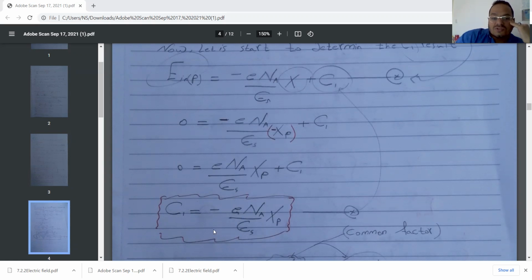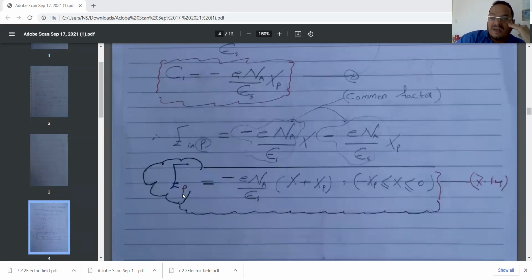We will put this result into equation number 1 to modify the equation, or we can say to calculate the electric field inside the depletion region. Here, the electric field in the depletion region at the p side equals minus the acceptor concentration divided by the permittivity times (x plus xp), when x is bigger than or equal to minus xp and smaller than or equal to 0.